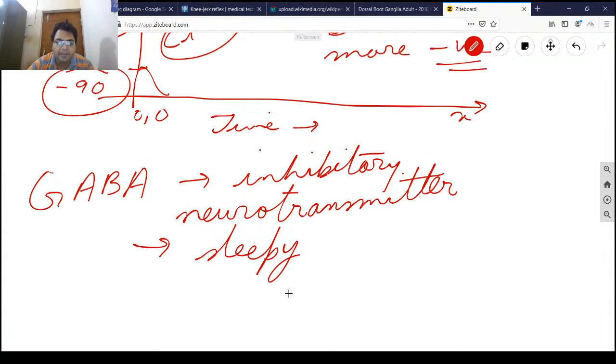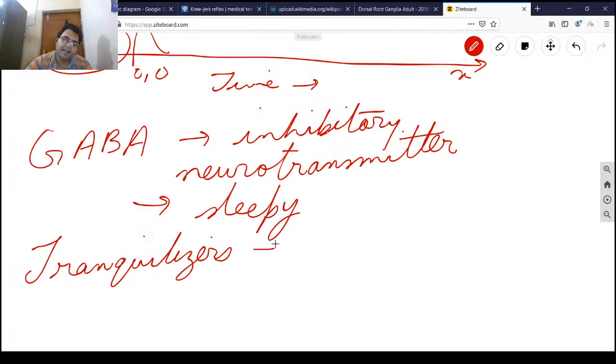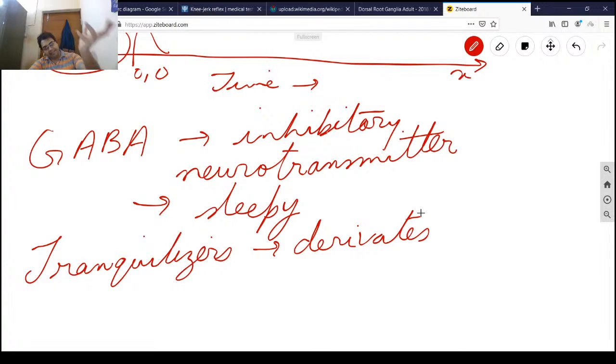Most of the tranquilizers or sleep medications are derivatives of GABA. Means they mimic the structure of GABA and bind to the neuron to cause the same effect and to cause sleep.